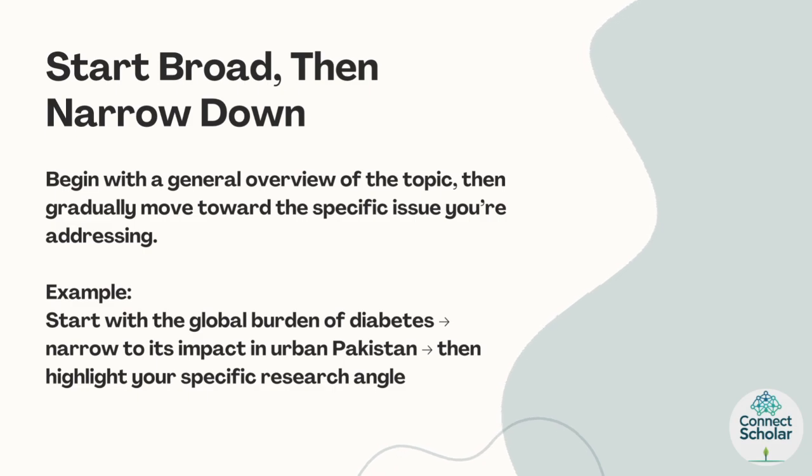Now, if you have ever read a research article, you must have seen that people start their articles from a broad perspective and then narrow it down. Let's take an example of diabetes. If someone's research topic is related to diabetes, they will mention how the global burden of diabetes is increasing, and then how it's increasing in Pakistan and how disastrous it could be if not controlled on time.